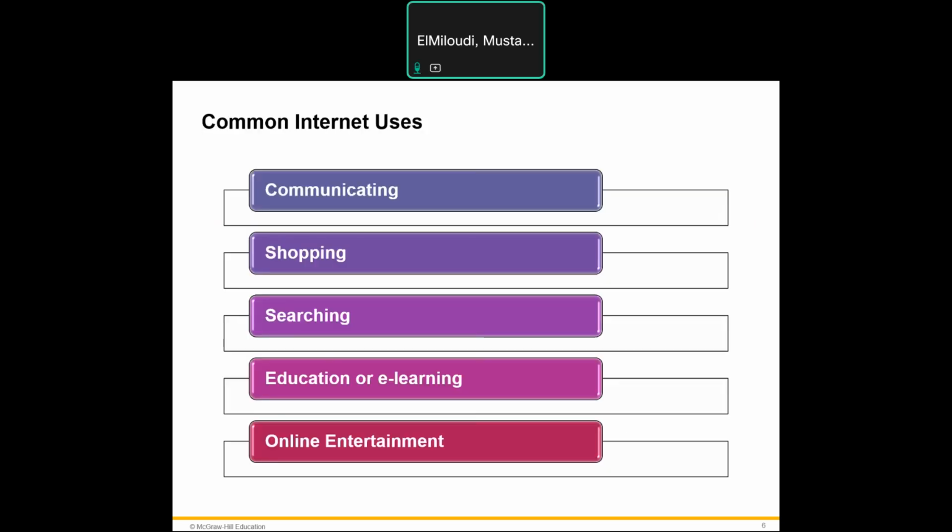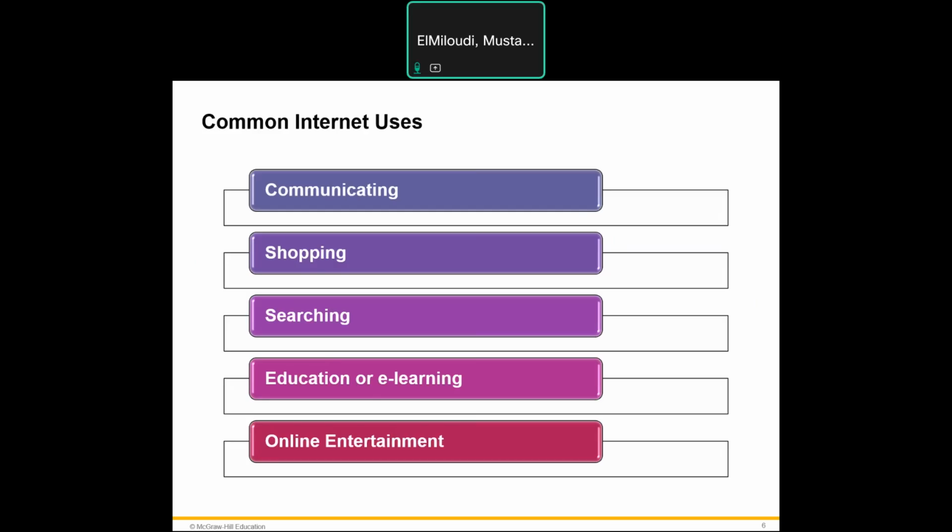Now we're going to look at the different uses of the internet. Most people use the internet for searching purposes, the majority of them. But many other people use it for different reasons. People use it for shopping.